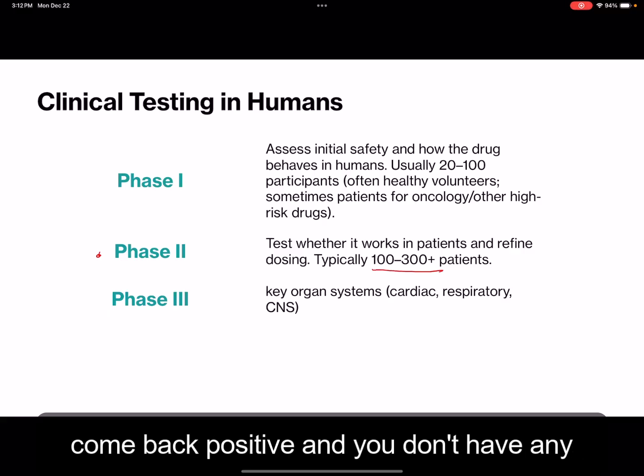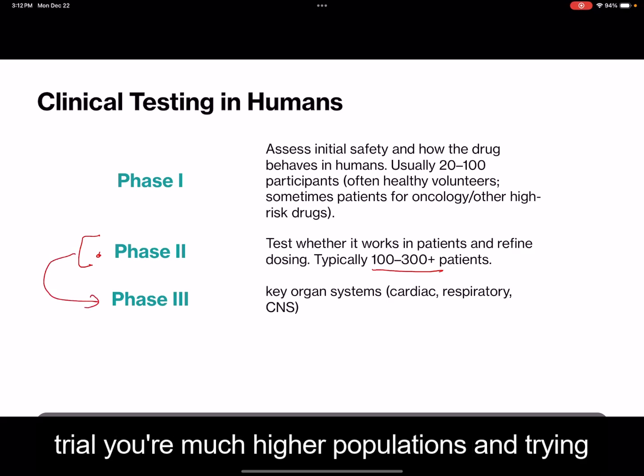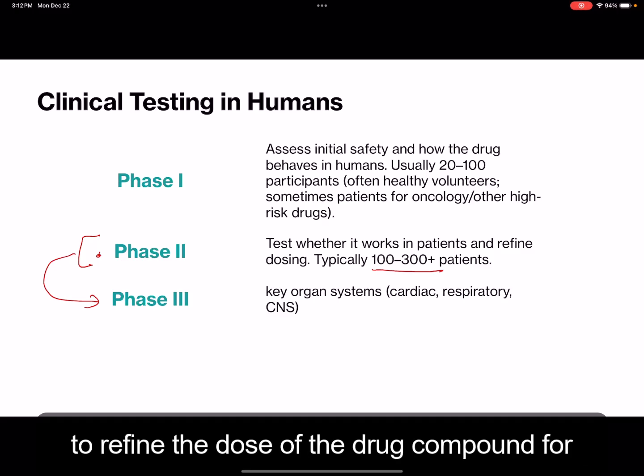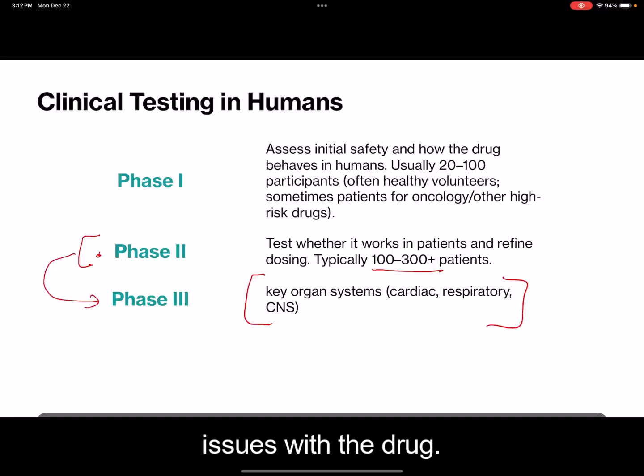If the phase 2s come back positive and you don't have any safety issues, it can move into a phase 3 trial where you're having much higher populations and trying to refine the dose of the drug compound for biological activity while avoiding any toxicity issues with the drug.